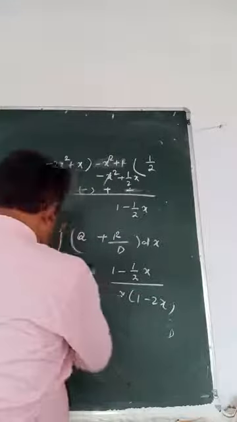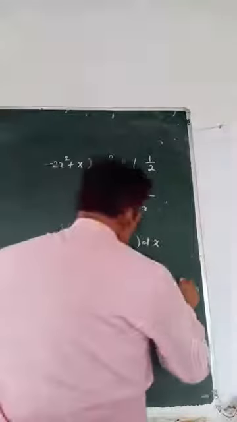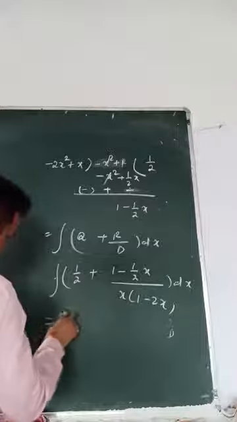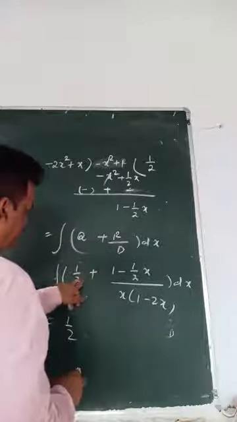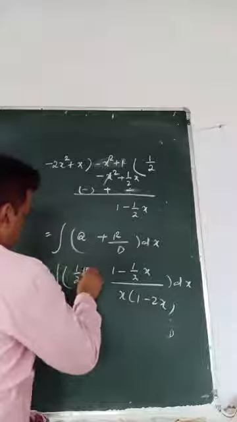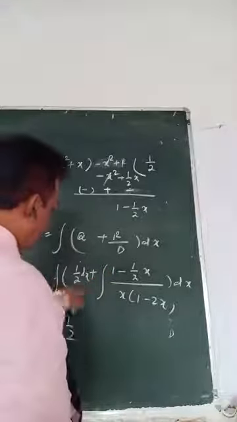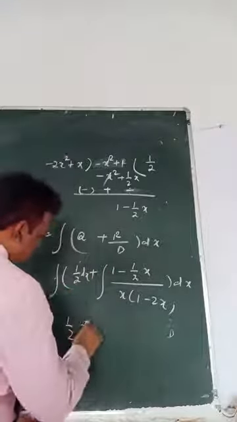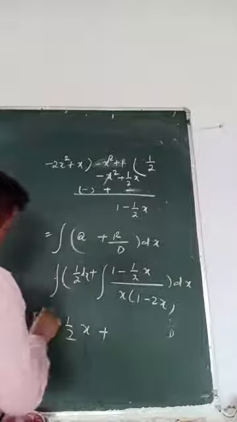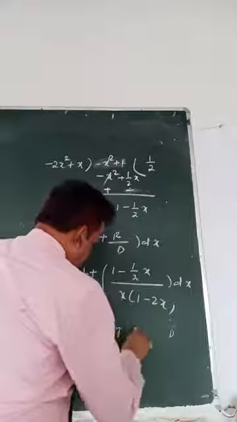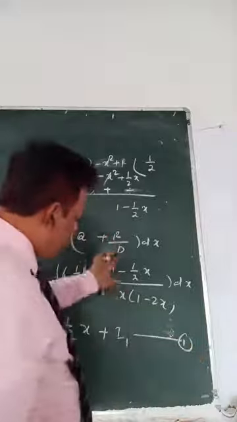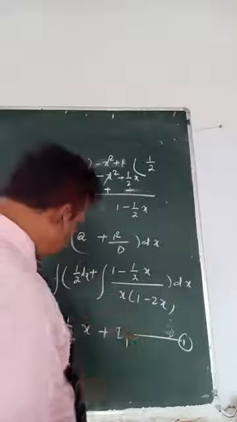Okay, now you are going to integrate this. The integral of half dx is half x. Let me write this one as I1. That means I will integrate and put the value.